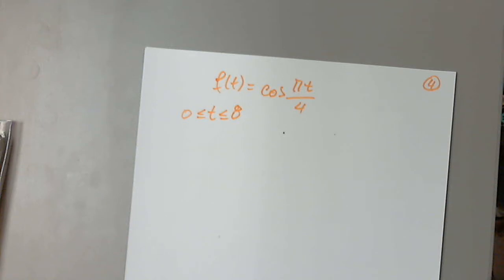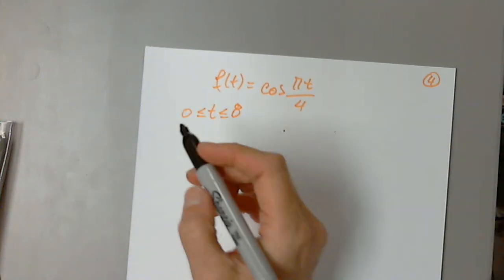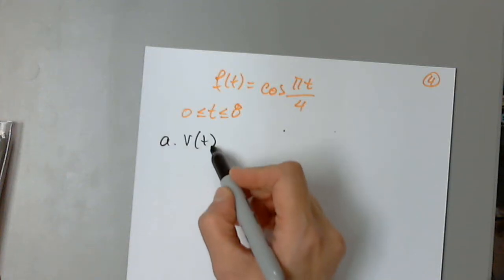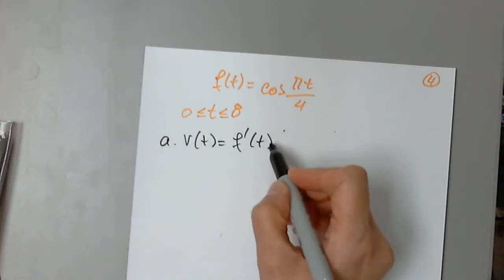So which part of the problem would you like to do? The whole thing? Is this from WebAssign? Okay, perfect. So what is the first question? Let's do what they are asking us to do. Find the velocity at time t. So part A, we want to find the velocity. The velocity is f prime of t.